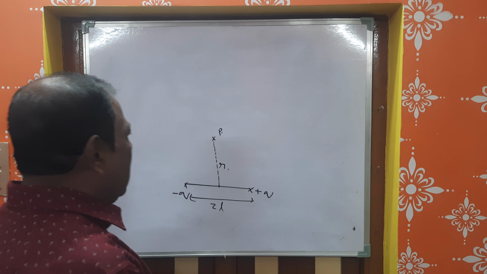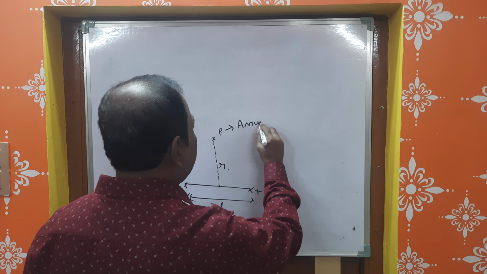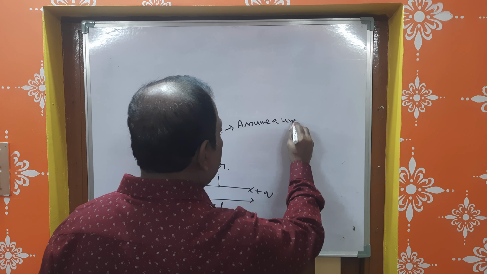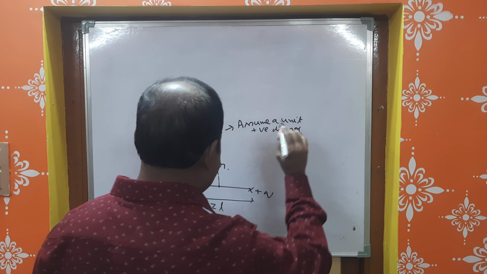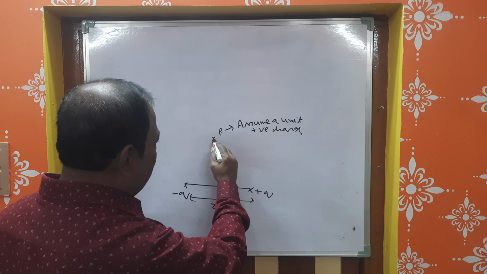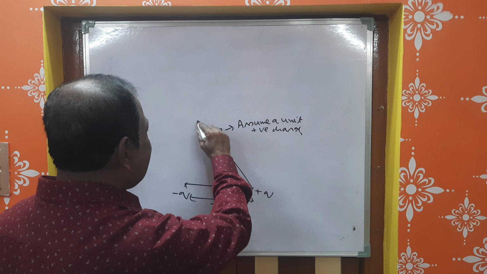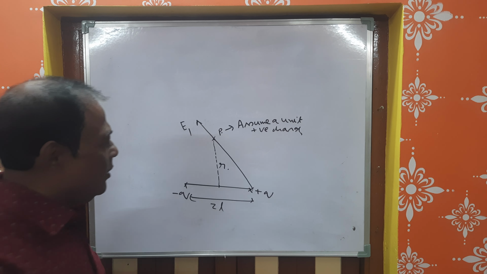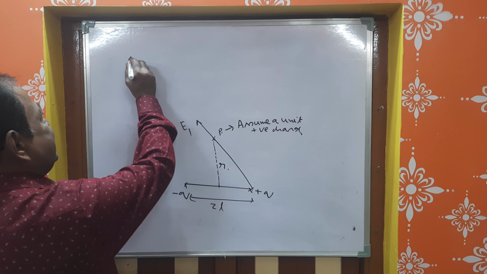So how to find out the intensity? You have to imagine a unit positive charge at point P. Here is a charge Q, this is R, this length is L. So what is the intensity at point P due to plus Q charge? Positive charge, positive repulsion, so that is the direction of intensity, E1.